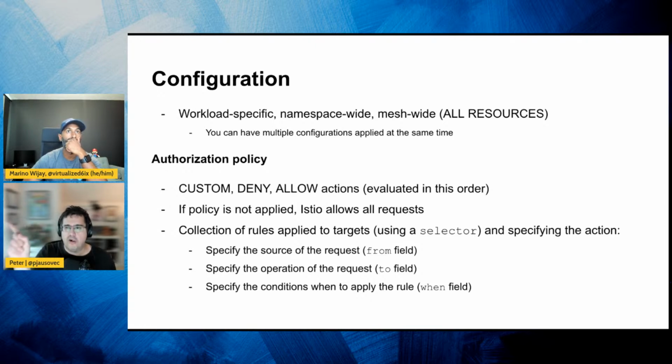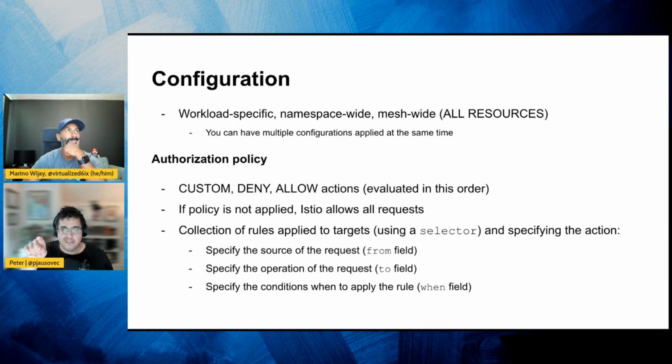And that external authorization service will tell you whether to allow or deny the request, right? The evaluation also happens in this order, so it's custom, deny, and allow. And there's a flow chart on istio.io. I'll find it and show it. I think it was too much to put in the slides here, but basically it goes to custom.